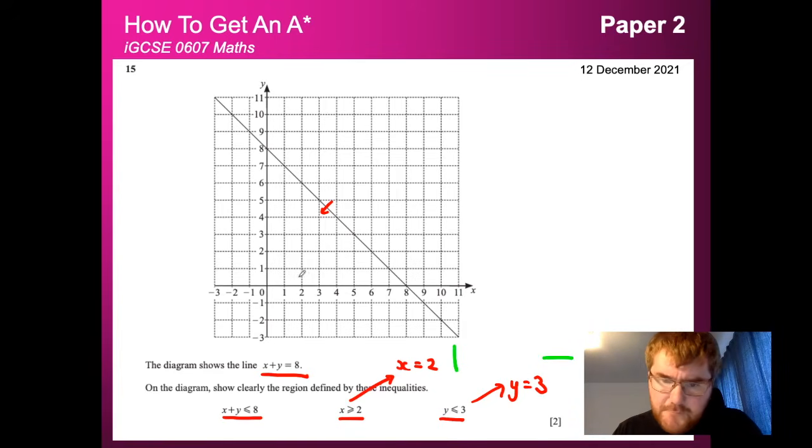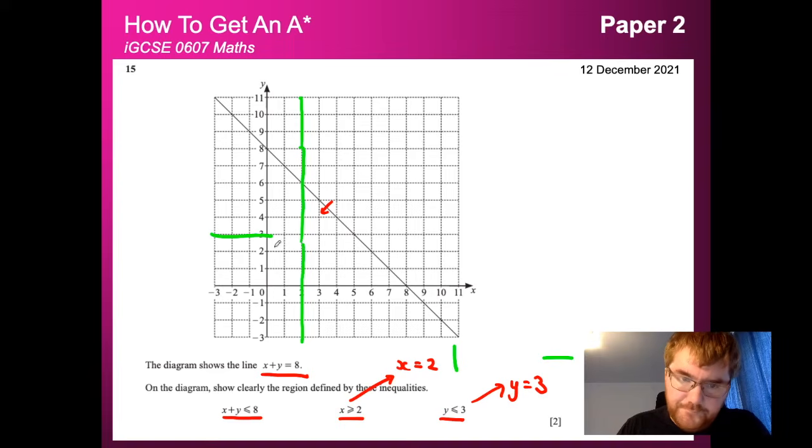So x equals 2, so we're going to draw a vertical line. Now this is a filled in line because it's greater than or equal to. So I'm just going to draw a line all the way up, just like so. And then for y equals 3, well, we're going to draw a horizontal line all the way across, just like this. Again, my drawing on the computer is not particularly good.